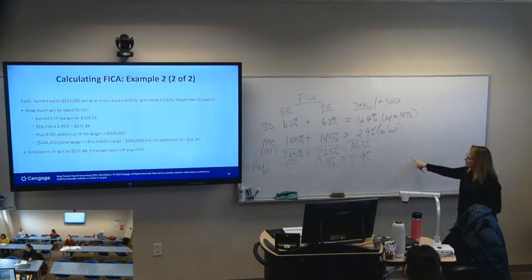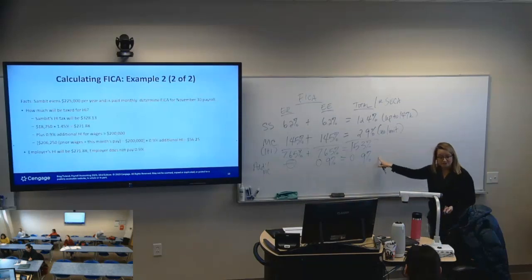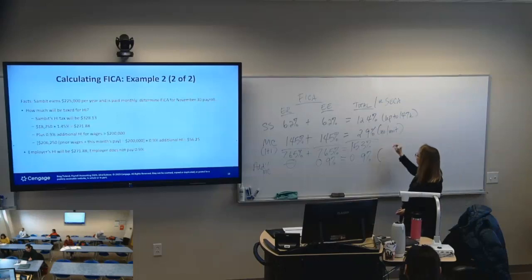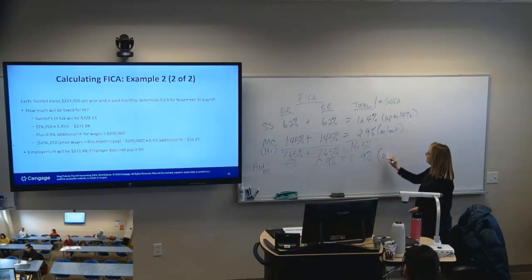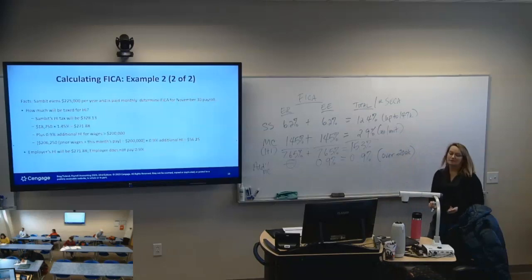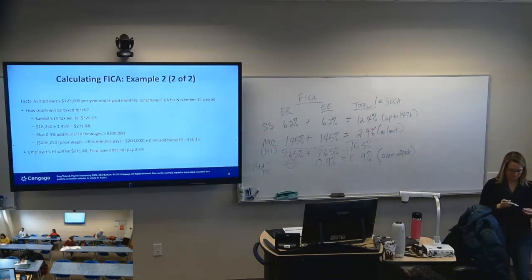Now, this doesn't start until you reach income of $200,000. So instead of it being up to 147, it's over 200,000. Again, per individual, per year.